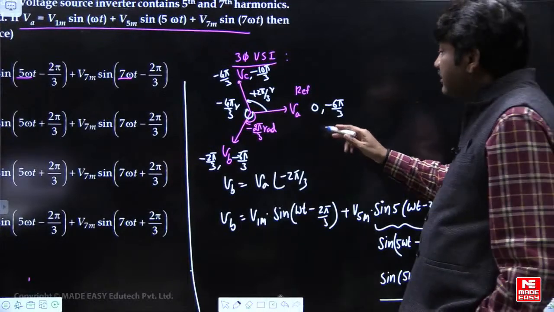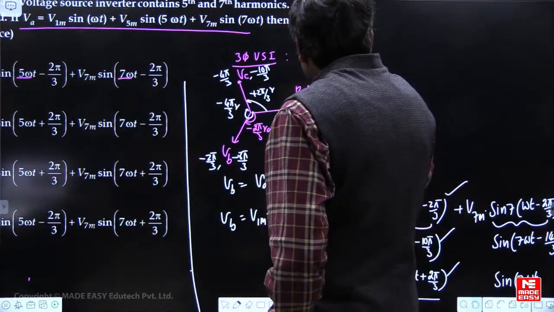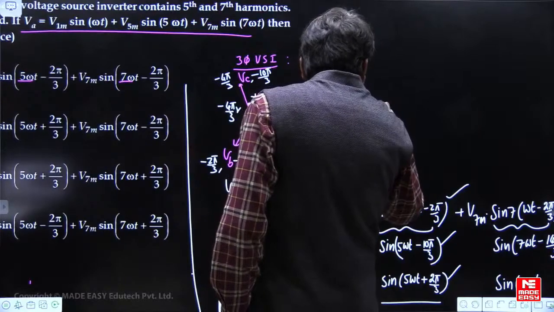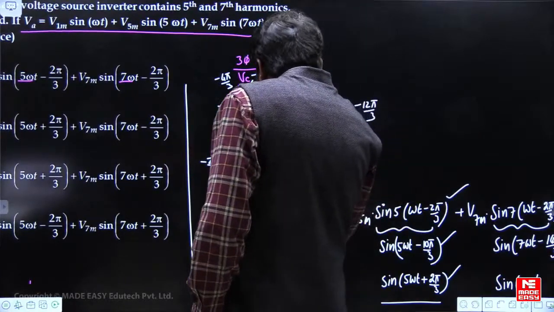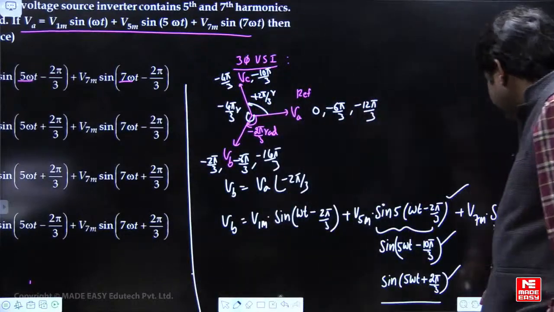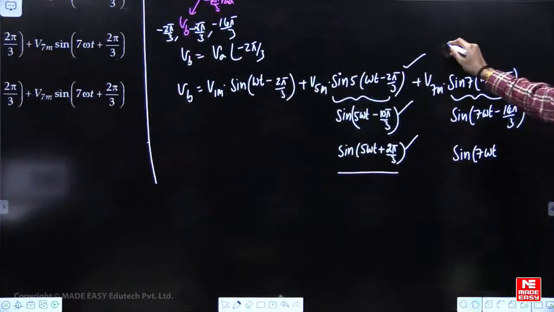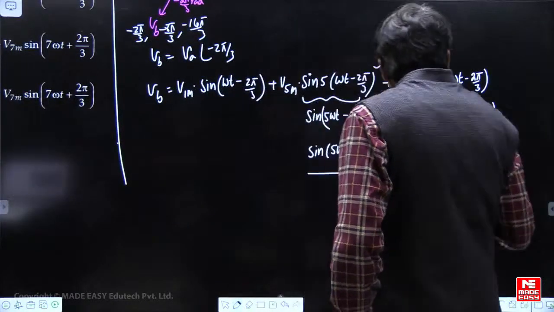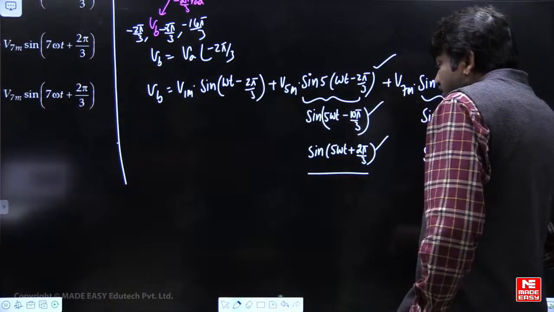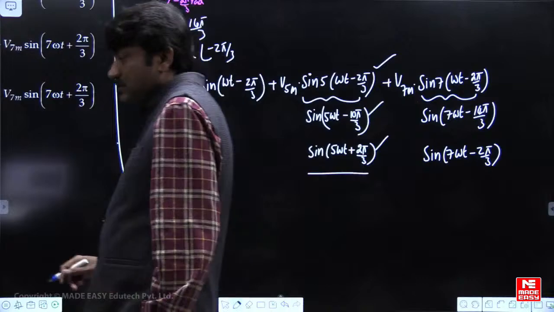See here, minus 10 pi by 3, minus 12 pi by 3, and minus 14 pi by 3. That is lagging by 2 pi by 3, so minus 2 pi by 3 I will write. So sine of 7 omega t minus 2 pi by 3. Okay, so what is this one?